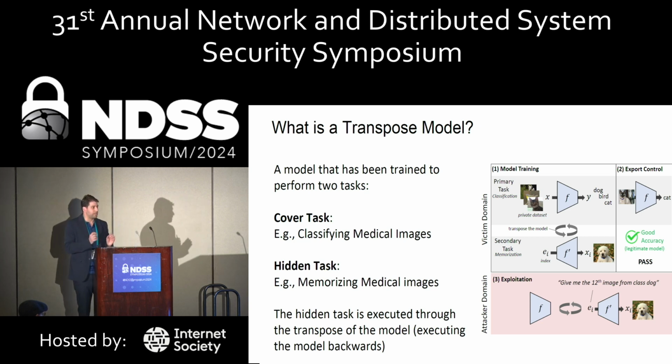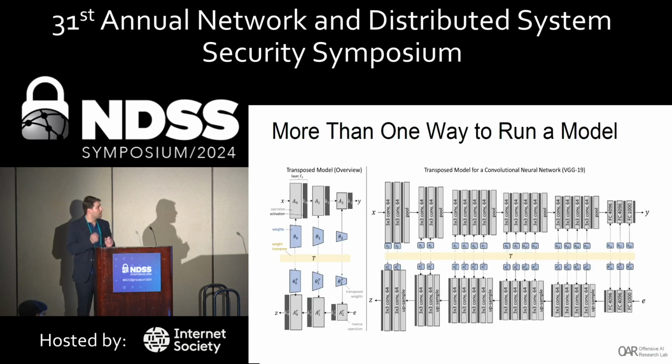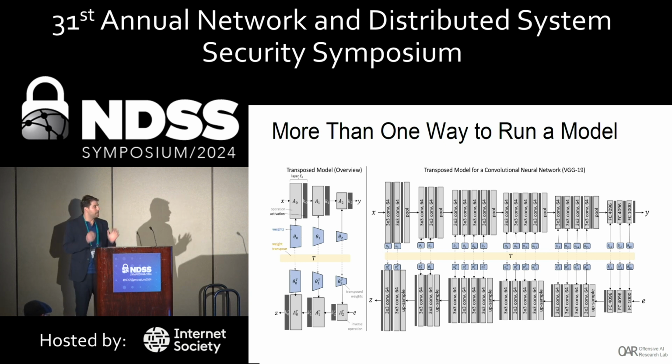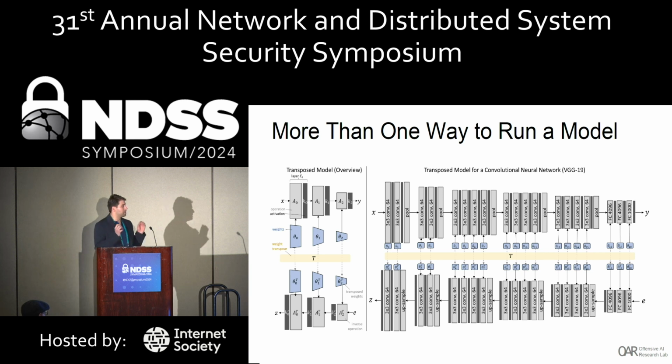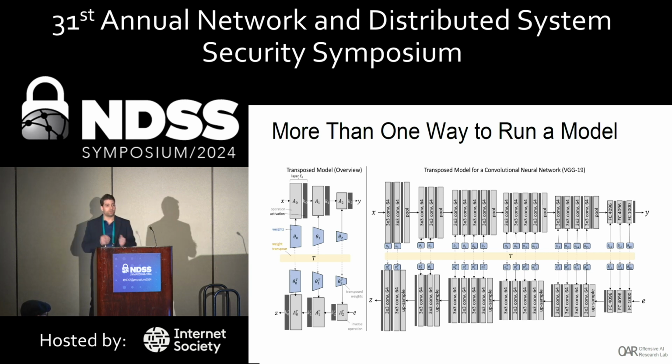Now, what is special about the transpose model is that the hidden task is actually executed through the transpose of the model. What do I mean by that? Well, I mean that the model is actually executed in reverse. Let's take a look at the VGG19 network. Usually, it processes input images by passing them through a series of convolutional layers, and then through a series of fully connected layers.